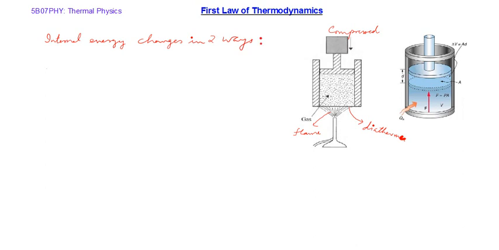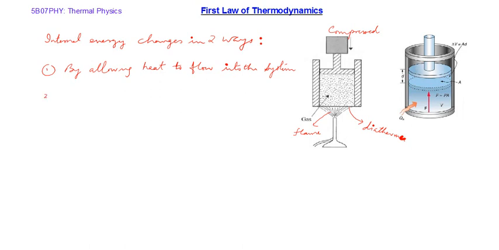What are they? First one, it's by flow of heat, or by allowing heat to flow, let's say in this example, into the system. By allowing heat to flow into the system, certainly the internal energy of these gas molecules will be getting changed.